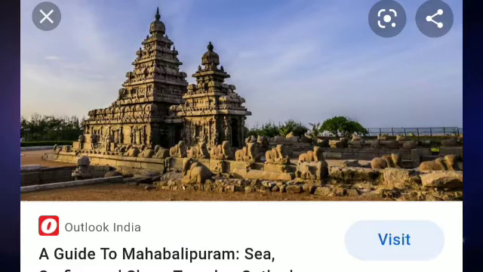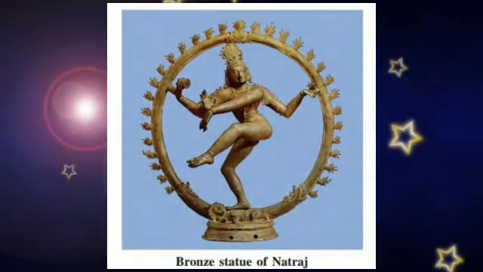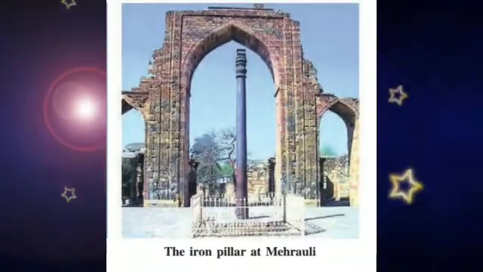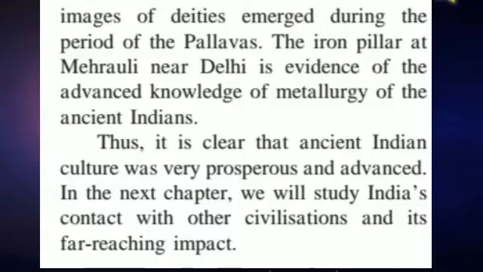The art of making bronze images of deities emerged during the period of the Pallavas. Deities means god or goddess. The iron pillar at Mehrauli near Delhi is evidence of the advanced knowledge of metallurgy of ancient Indians. Yes or not? See students, it is clear that ancient Indian culture was very prosperous and advanced.